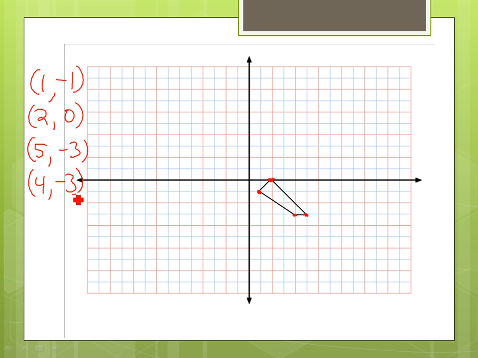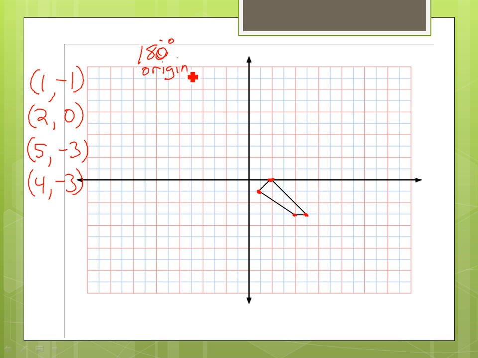And on number 2, it wants you to do 180 degrees about the origin. Again, they didn't tell you a direction because with 180 degrees, it doesn't make any difference which direction you take.